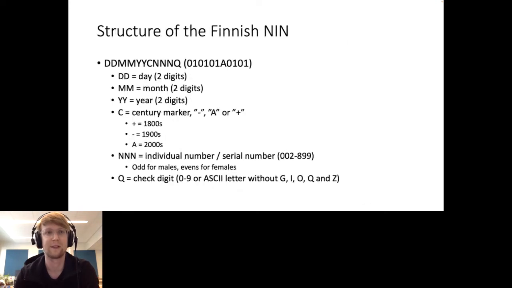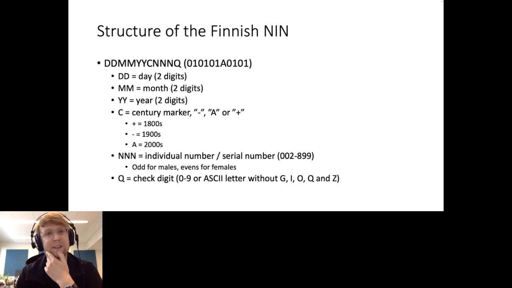And here is just an example of the Finnish national identification numbers with 11 characters: the day, month, and year of the birth date, with a century marker determining the century in which the individual was born, and the three-number individual number or serial number, and a check digit.